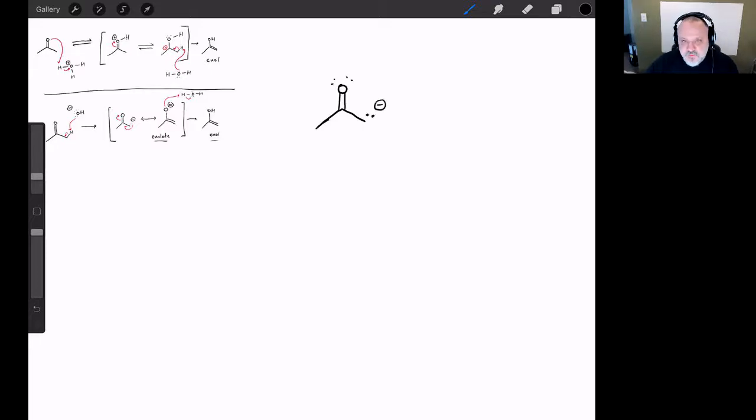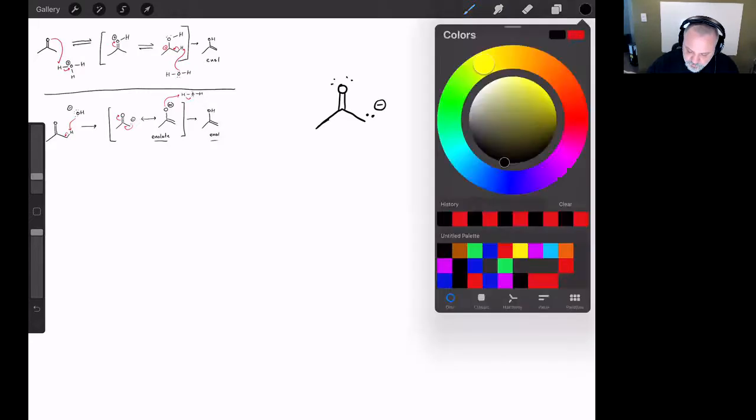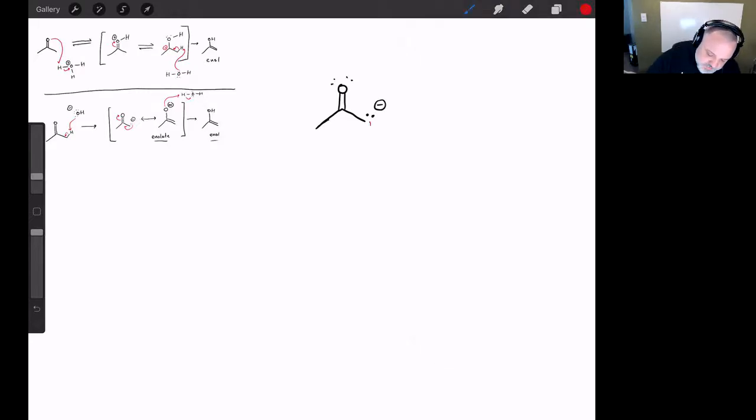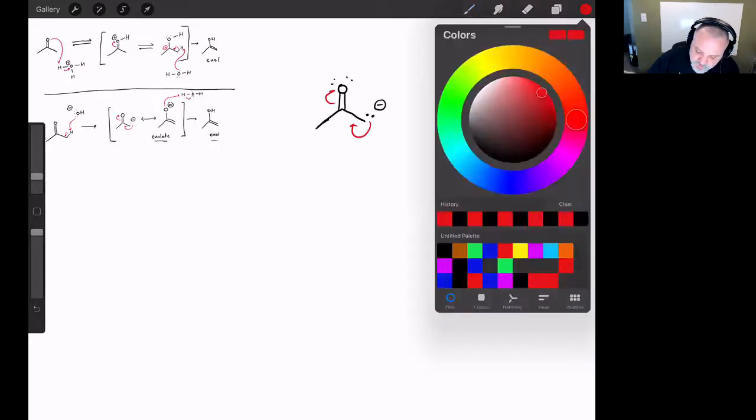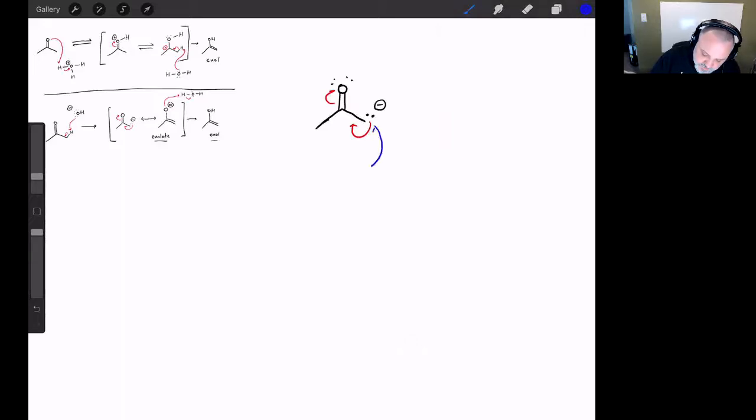I see that there's some possibilities here. In this resonance structure, it's pretty clear that there's a nucleophilic carbon.